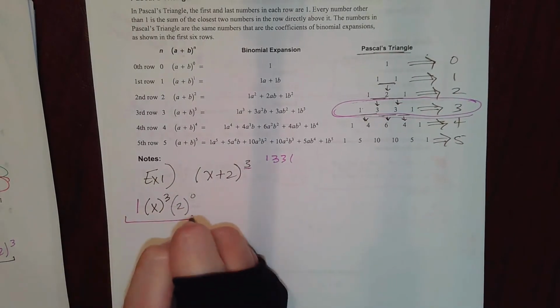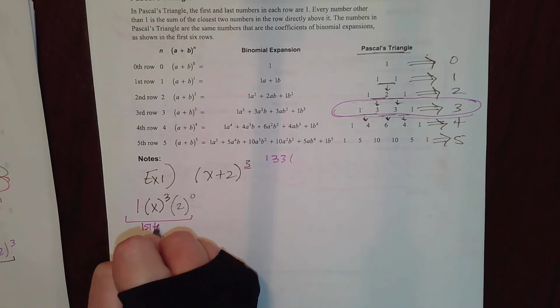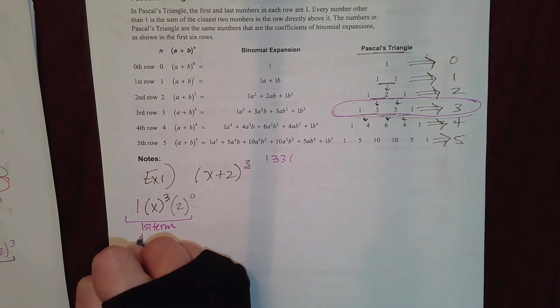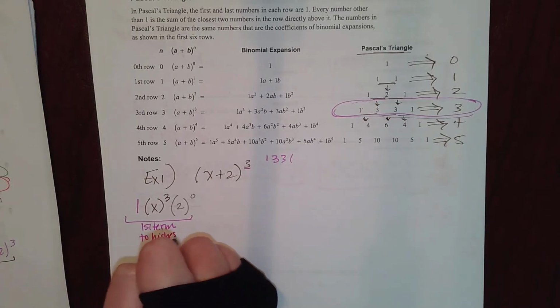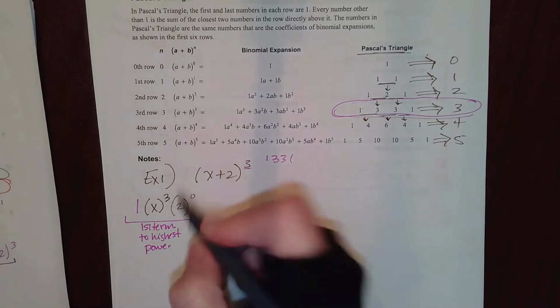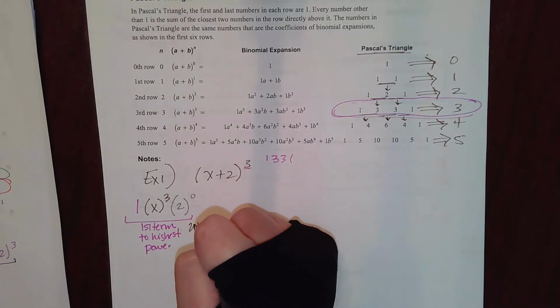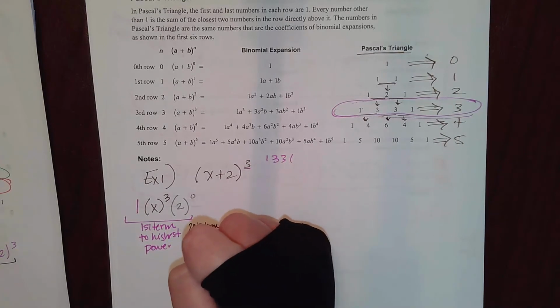In this example, to get x cubed, you took your first term to the highest power, and on this one you took your second term to the lowest power.